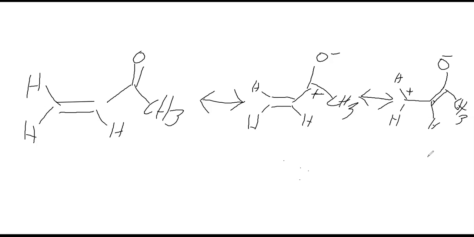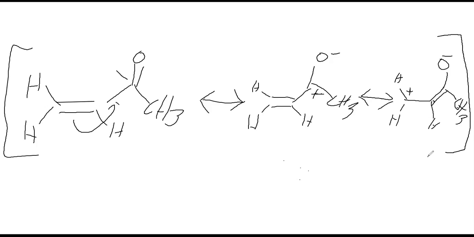Because you're essentially getting the positive much further away from the negative, thus allowing this resonance structure to breathe. Essentially what we're doing is we're getting from 1 to 3, we're swinging that up, swinging that out.